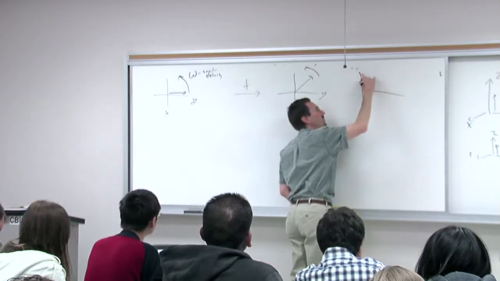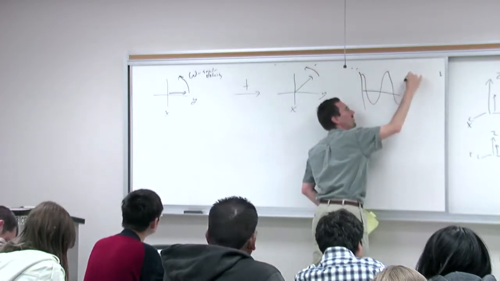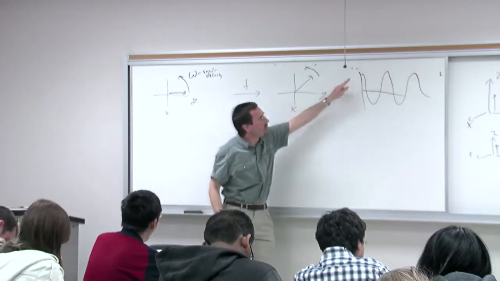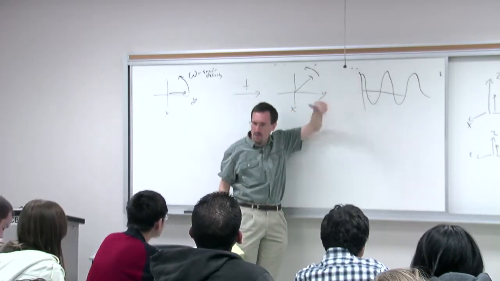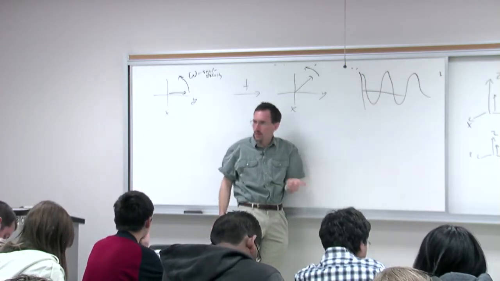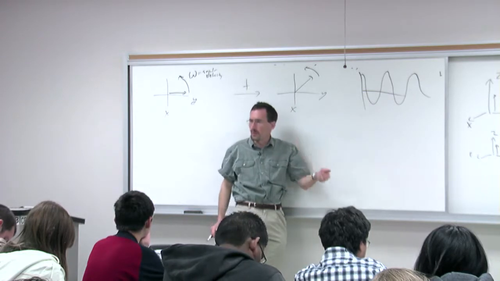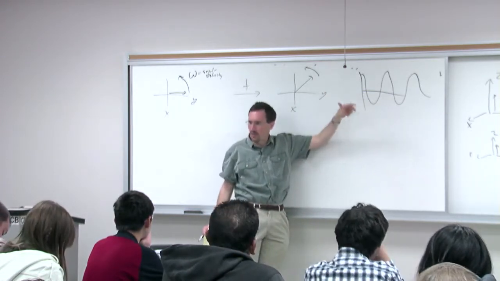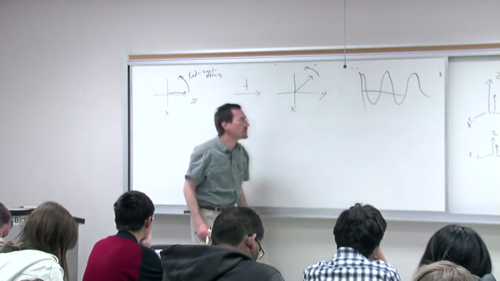That's your FID, where you get this cosine wave over here. That's basically the coil picking up your precessing vector and generating alternating current in the coil that ultimately you amplify, use the analog to digital converter on, and then Fourier transform.